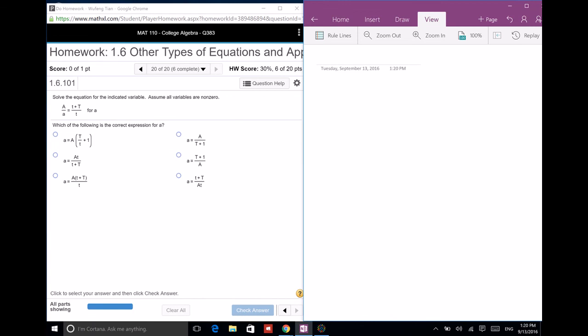Solve the equation for the indicated variable. Assume all variables are non-zero. For a: a over T equals t plus big T over t. If you want to solve for a, whenever you want to solve for something, you just need to isolate it, right? So multiply both sides by the LCD. What is the LCD here? It's small t big T. You multiply both sides by the LCD.